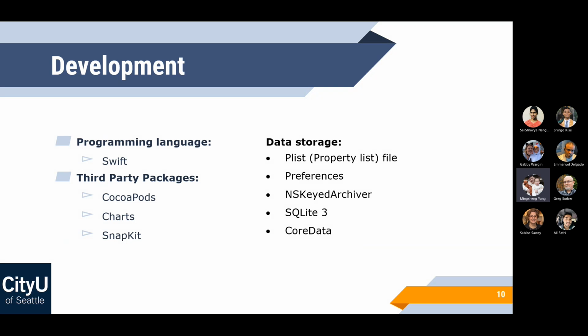So about the deployment, I'm using the programming language Swift. And these are the third-party packages that I'm using. And these are the data storage. In order to save data persistently in iOS development, we usually have these 5 ways.